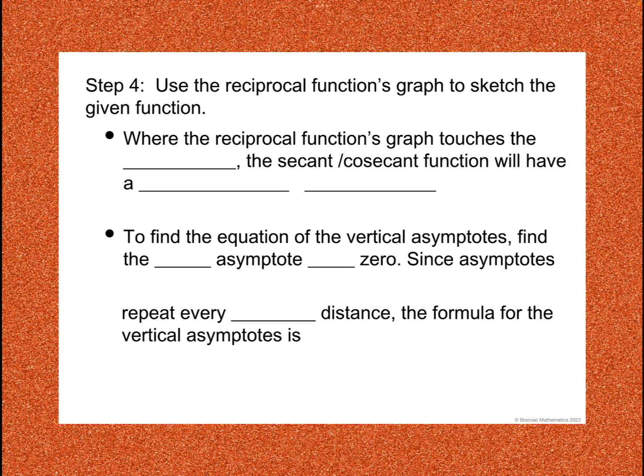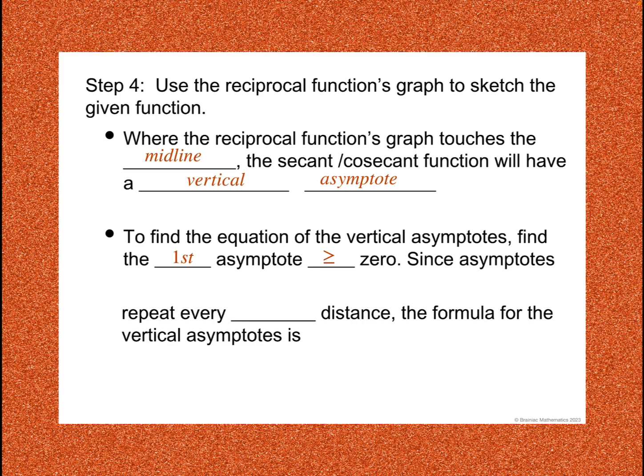How do we do that? Well, first we look at our sine graph or cosine graph, depending on which one it is, our reciprocal function's graph, and determine everywhere the reciprocal function's graph touches the midline. Everywhere that the reciprocal graph touches the midline, the secant or cosecant graph will have what's called vertical asymptotes. To find the equation of the vertical asymptotes, we need to find the very first asymptote that is greater than or equal to 0.